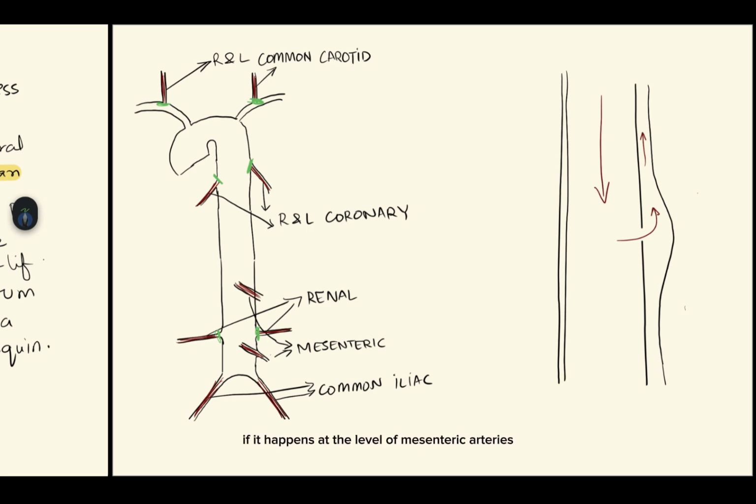If it happens at the level of the mesenteric arteries, it leads to mesenteric ischemia. And at the level of the iliac arteries, it leads to limb ischemia. There is one more artery that's not drawn over here, which is the artery of Adamkiewicz, which leads to anterior spinal cord ischemia if there is decreased blood flow, leading to paraplegia.